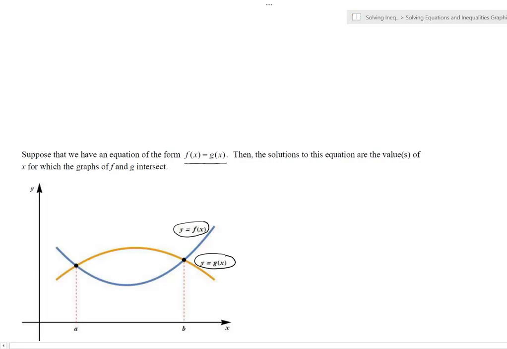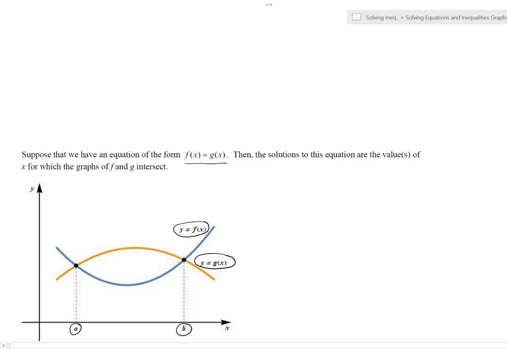So, we could solve this equation by graphing each side of the equation as its own function of x, and then finding where both of these functions have the same output. In the diagram that we see, these are at the x locations x is a and x is b.